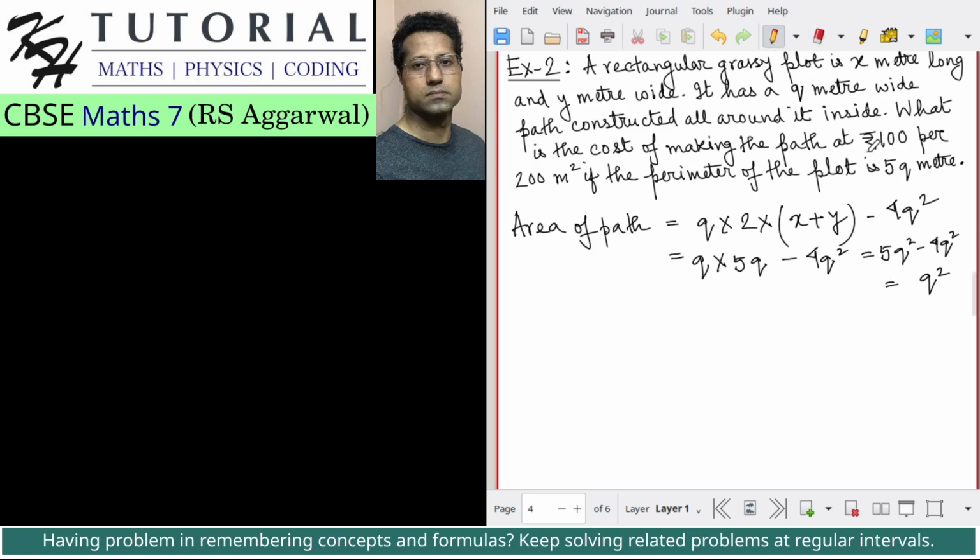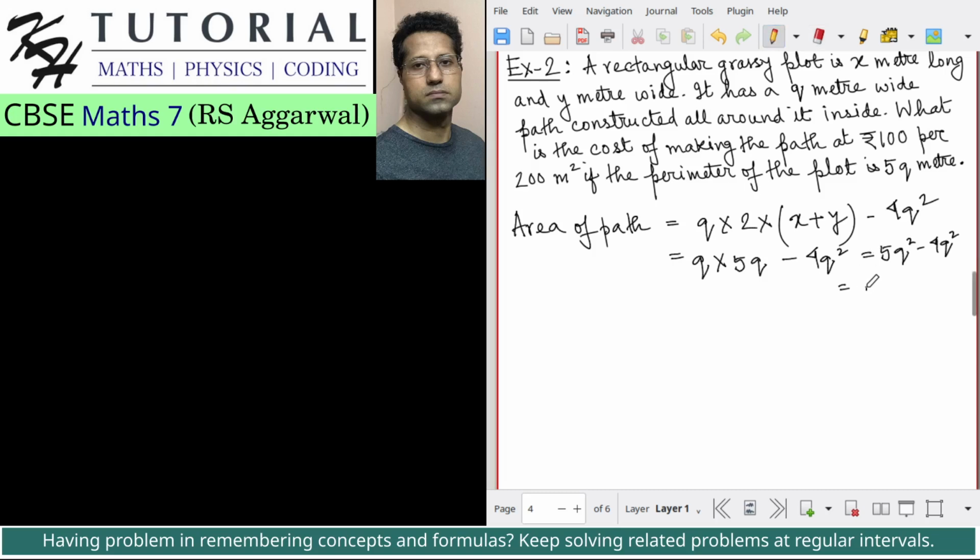Okay. Now it is asking what is the cost of making the path at rupees 100 per 200 meter square. So basically we know the area of the path is q square.